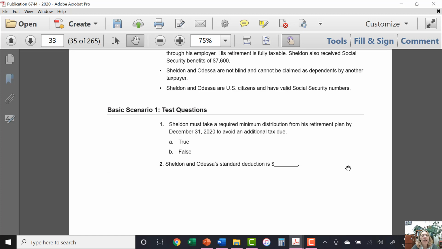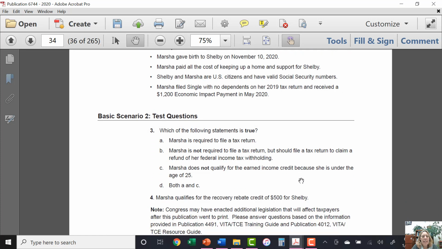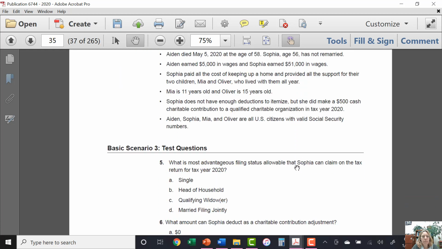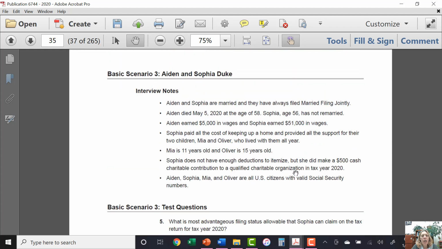Okay, the next scenario question we're going to answer is 6. Here we've already talked about Aiden and Sophia Duke, but I'm just going to go through it. They are married, they file married filing joint, and Aiden died in 2020. Sophia, age 56, has not remarried. Aiden had $5,000 in wages, which is reportable because he was alive when he earned them, and Sophia had $51,000.